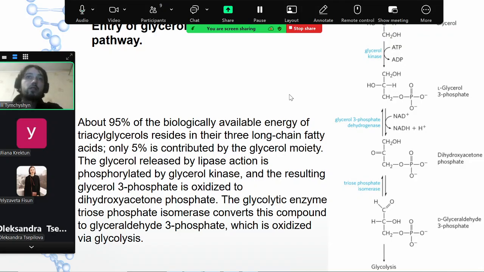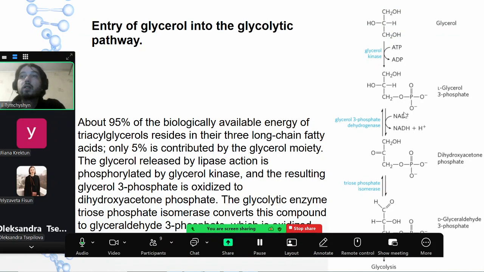The glycerol released by lipase action is phosphorylated by glycerol kinase, and the resulting glycerol 3-phosphate is oxidized to dihydroxyacetone phosphate. The glycolytic enzyme triose phosphate isomerase converts this compound to glyceraldehyde 3-phosphate, which can be oxidized via glycolysis. Here you see this scheme and the chemistry of the process. Here you see the glycerol.